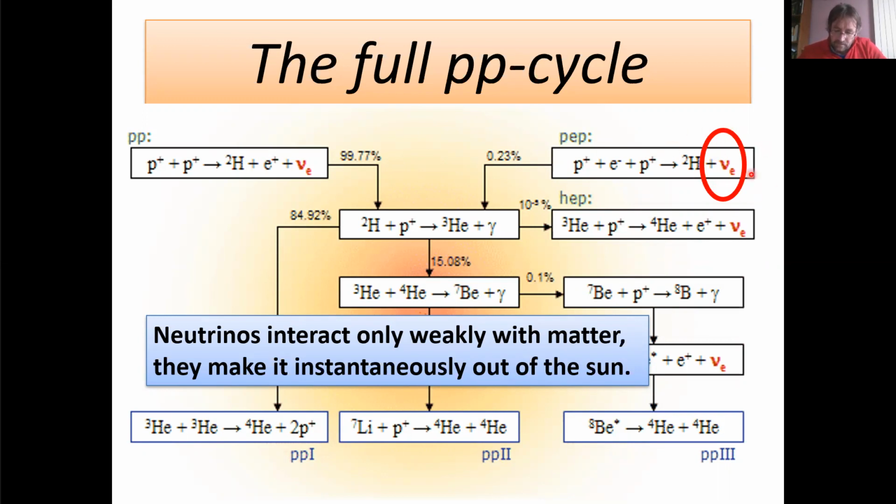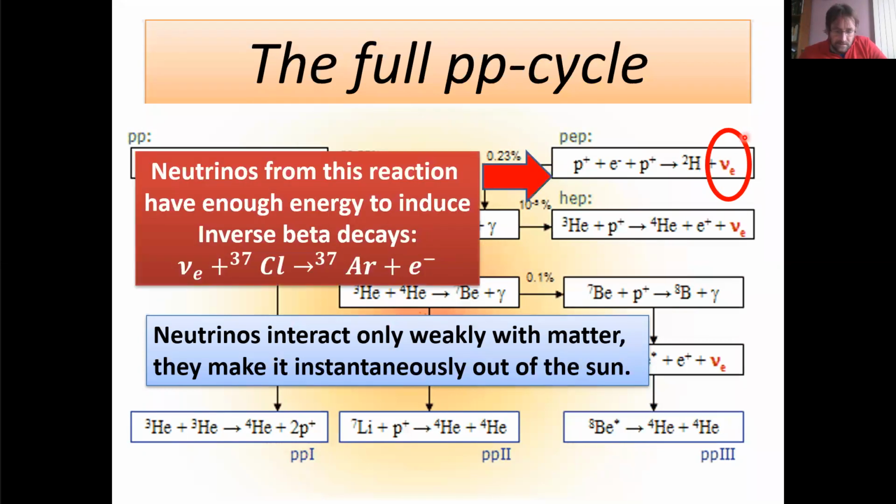The important thing is that these ones get a sufficient amount of energy, so they get over a certain threshold that has then been used. Neutrinos from these reactions can be shot on chlorine-37, which has 17 protons, and I would have to check.